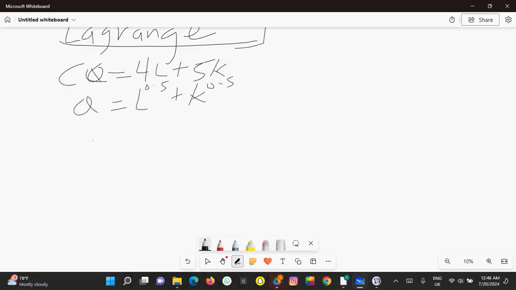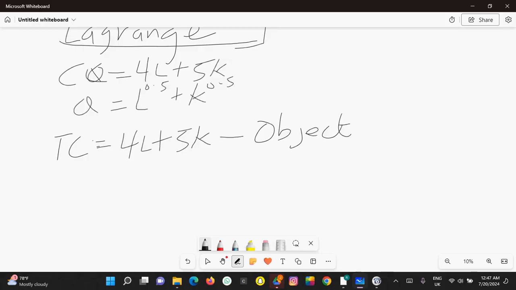Our objective function is C, which is the same as the CQ, right? It's equal to 4L plus 5K. This is our objective, right?